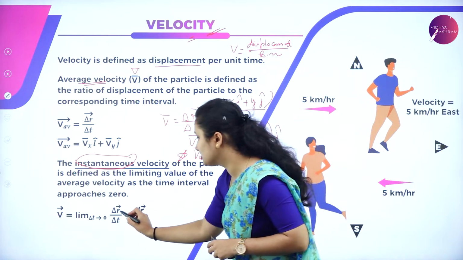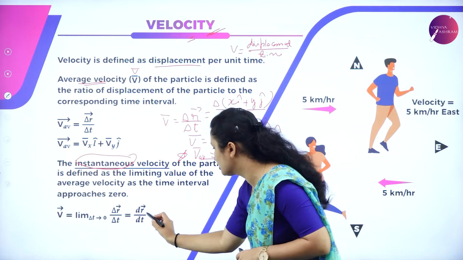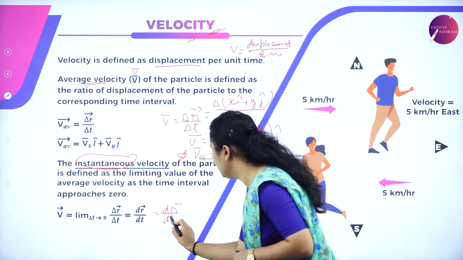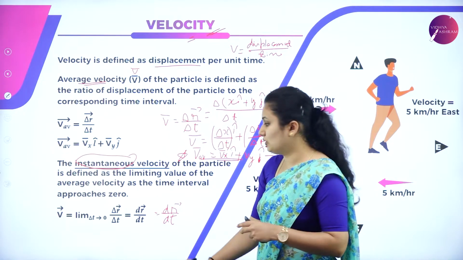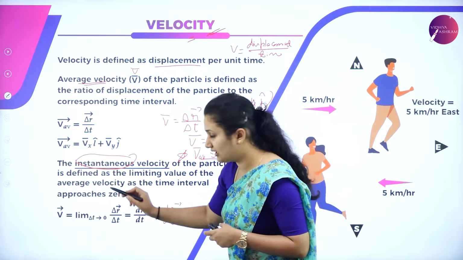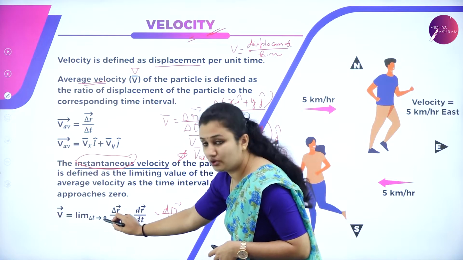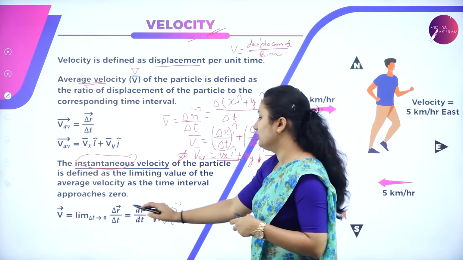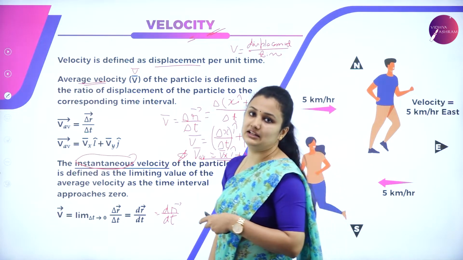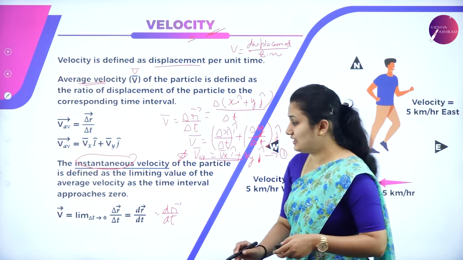So change in R by change in t can also be written as dr by dt. We are taking the limit of the average velocity delta r by delta t as time tends to 0. You can also write delta r by delta t as dr by dt. Now we got instantaneous velocity.